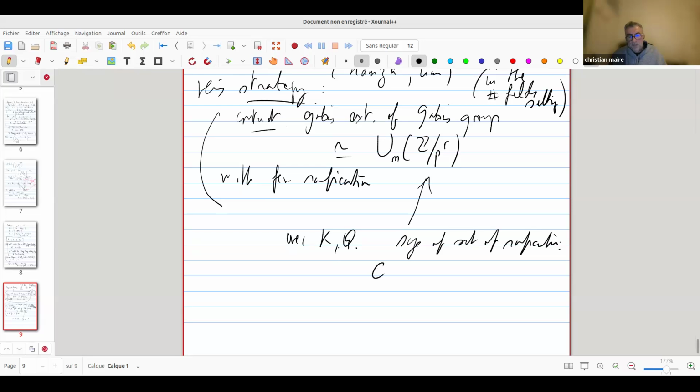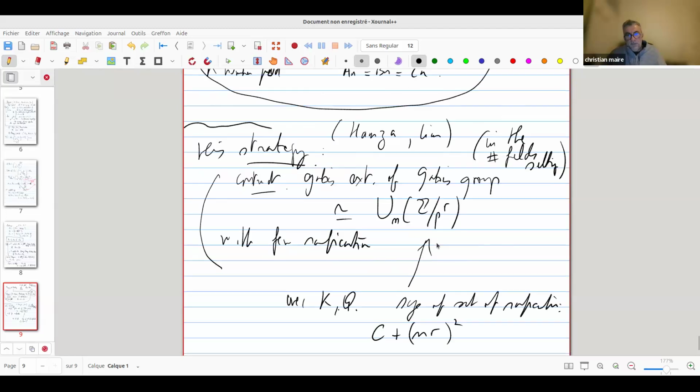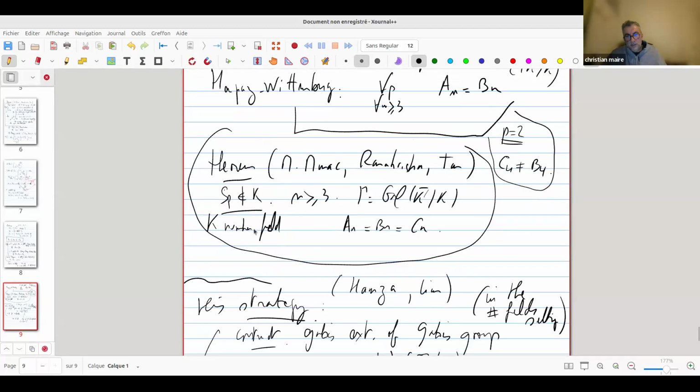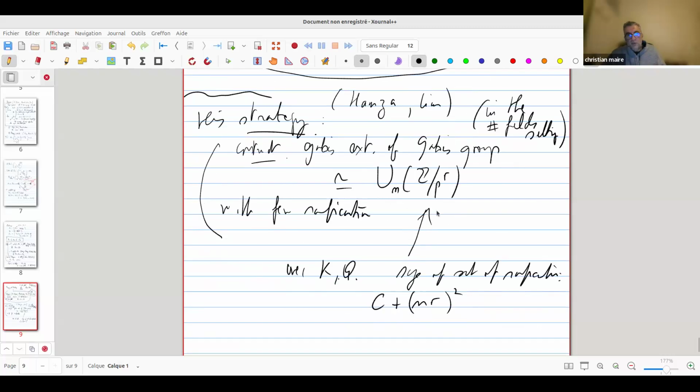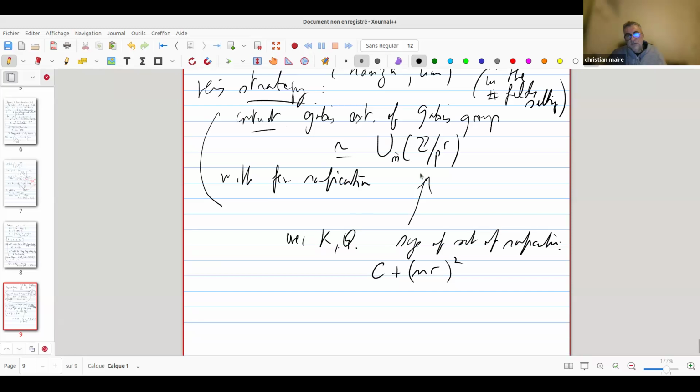It's a constant depending on the class group of K and the units of K, plus something which depends on n and r, more or less n r squared. Now, if we use a Massey product, we can construct this kind of extension with very few ramification, meaning the size of the ramification set is more or less n. It doesn't depend on r, in fact.